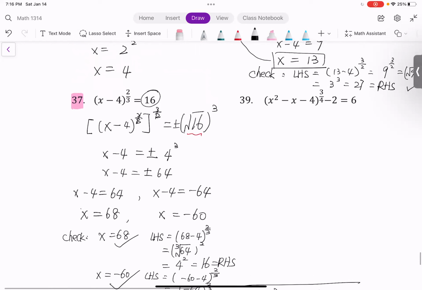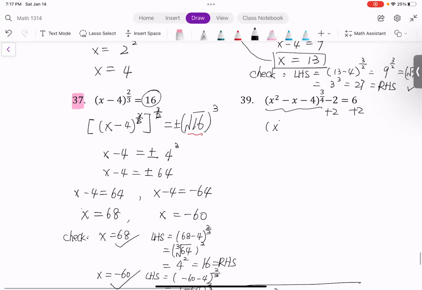Okay, let's see next example, number 39. So we need to isolate the variable part and get rid of the 2 from the left-hand side. We can add 2 to both sides. We have x squared minus x minus 4 to the 3/4 equals 8. Then we try to make the power equal 1, raising to the reciprocal of 3/4. X squared minus x minus 4 to the 3/4, raise it to the 4/3.